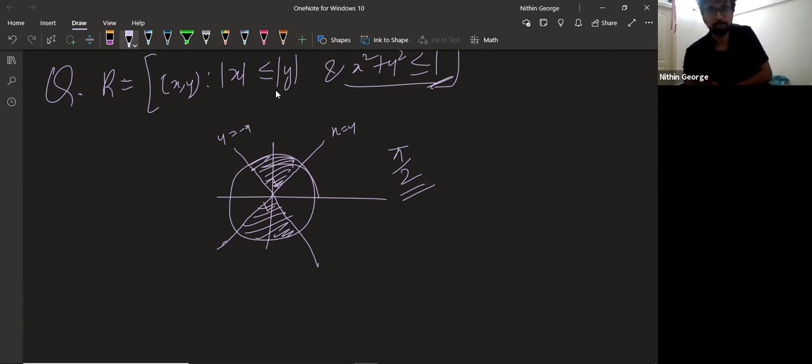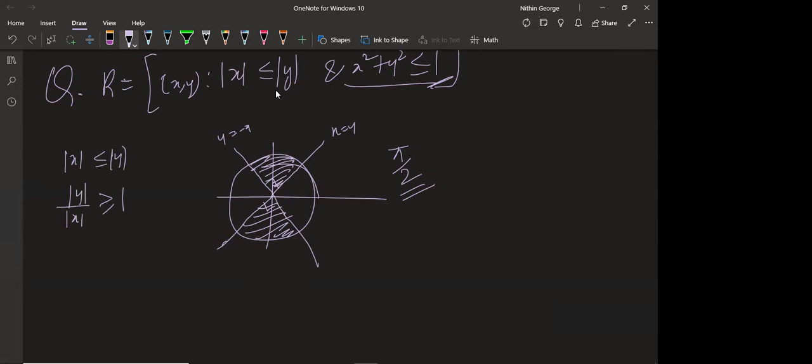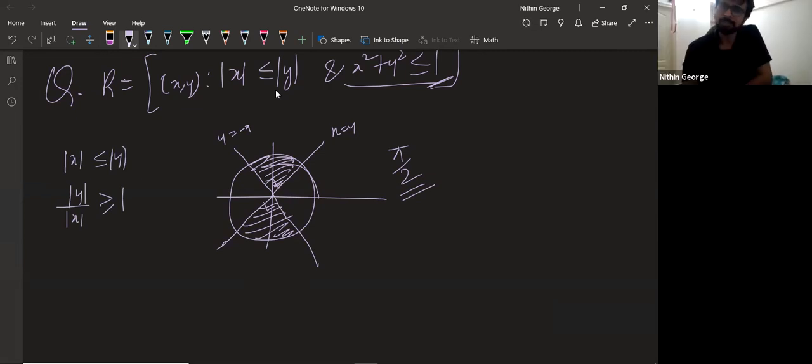So mod x less than or equal to mod y, you can write this as mod y by mod x greater than or equal to 1. So mod y by mod x greater than or equal to 1.